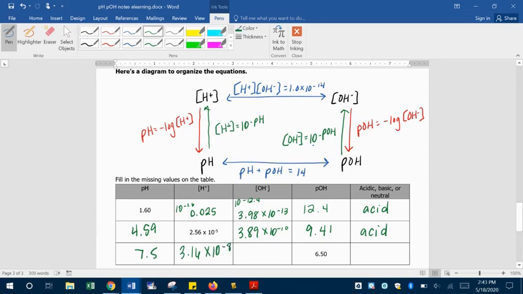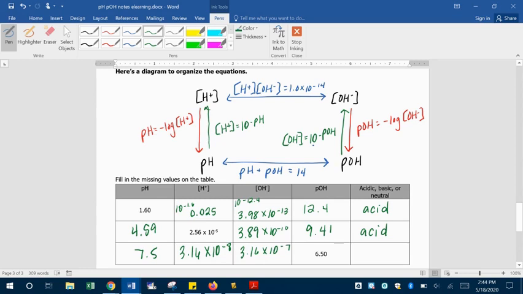Now I could use this Kw number here, but to me, the easiest thing is to go back to my pOH and do 10 to the negative 6.5, in which case I get 3.16 times 10 to the negative 1, 2, 3, 4, 5, 6, 7.